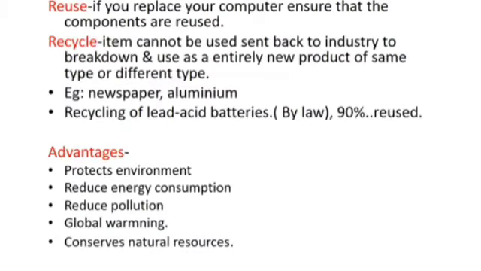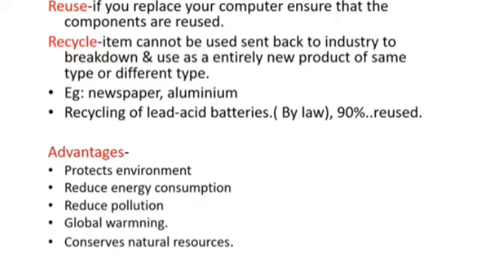Reuse: if you replace your computer, we should think what all parts can be reused. For example, we can make use of the hard disk, the RAM, etc. Recycle: sometimes items cannot be reused, we should think whether it can be returned to industry or to other sources, such that it can be broken down and we can make a new product out of it.